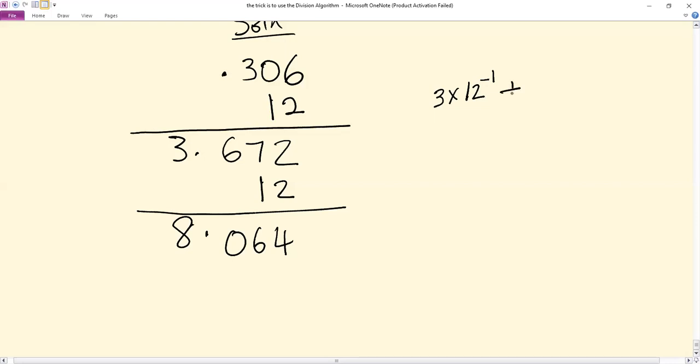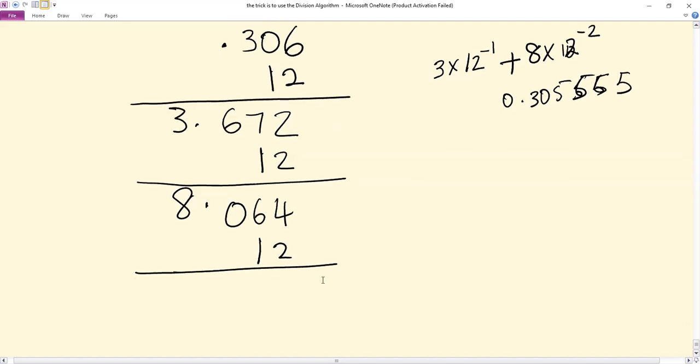And then when you add the next digit times its place value, which is 12 raised power minus 2, 8 times 12 raised power minus 2, plus what we got previously, we have 0.3056, 0.5555.